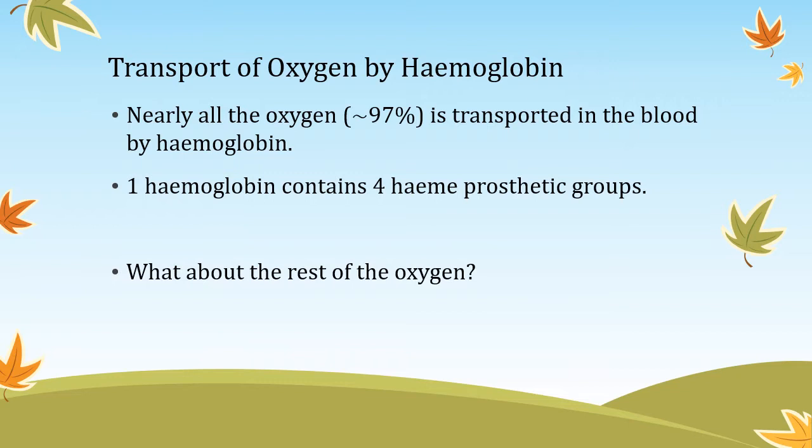So about 3% of the oxygen is transported simply by dissolving in the plasma, carried through the blood, following the blood flow, and at the site where it is needed, it is taken up by the cells.